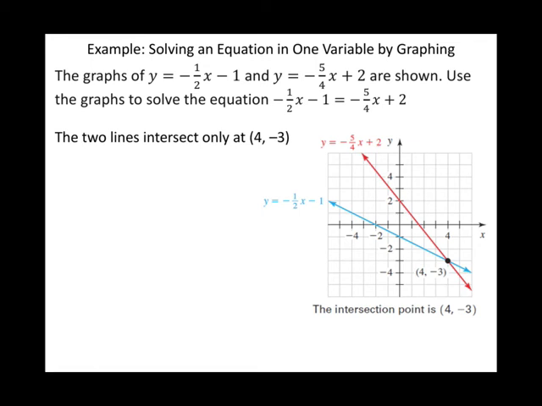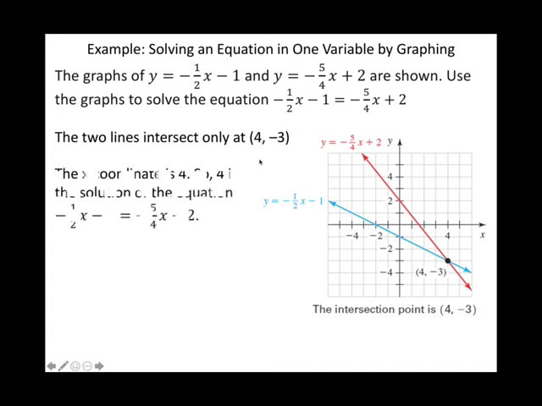The two lines intersect only at 4 and negative 3. And then we are looking for the x. What is my x equal to? So we're gonna look at the x coordinate. X coordinate, that will be equal to 4, right? So I know 4 will be the solution of this equation. You could double check your work: plug in x equal to 4 here. You should get the true statement.